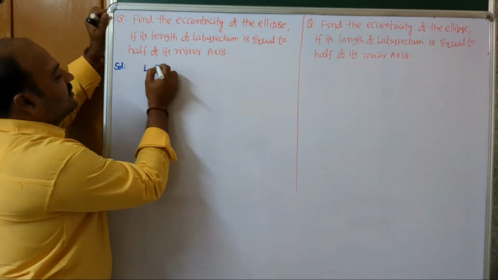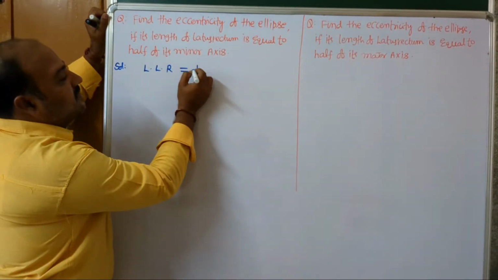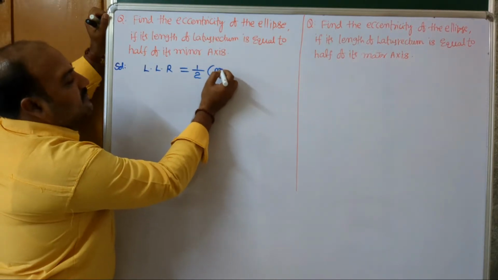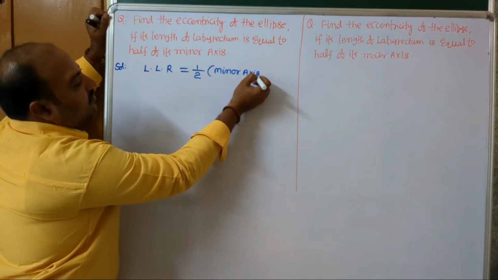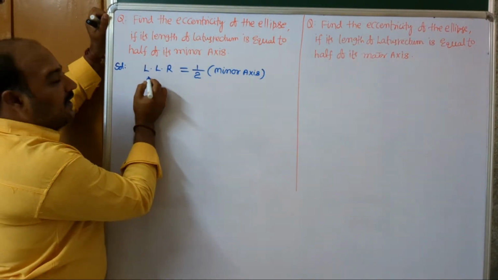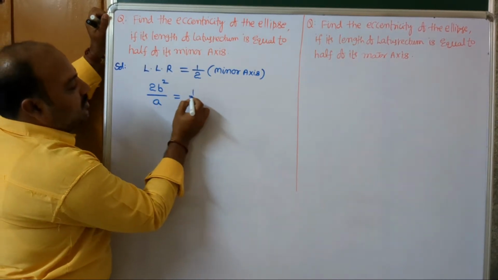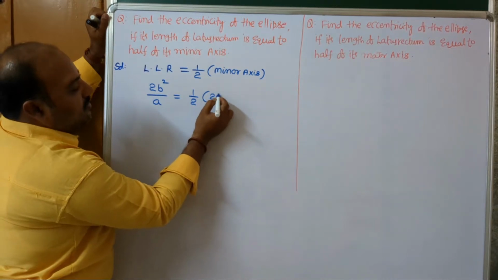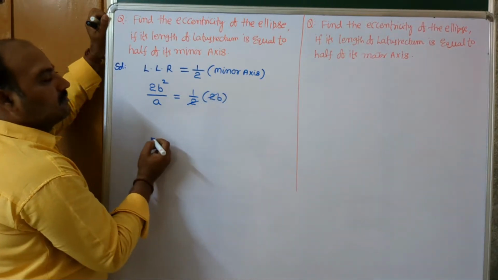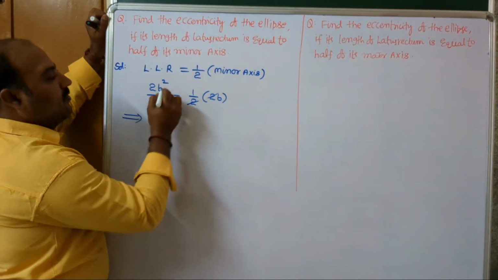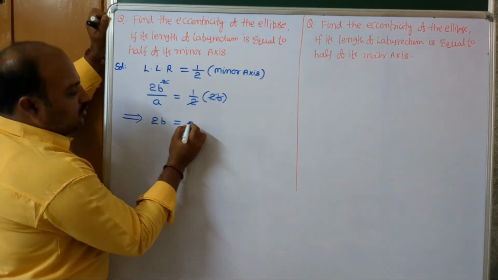Length of latus rectum is 2b square by a, equal to half of the minor axis, 2b. So here the 2 gets cancelled, and even one of the b also gets cancelled. So 2b is equal to a.